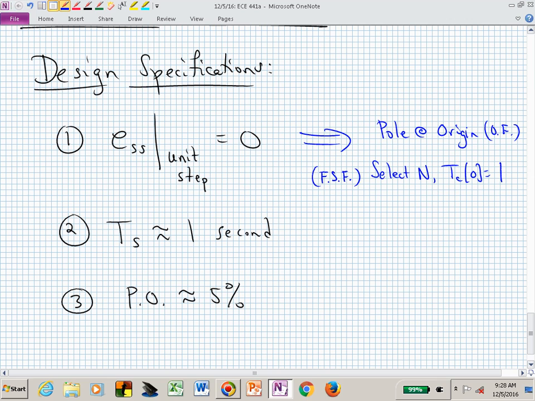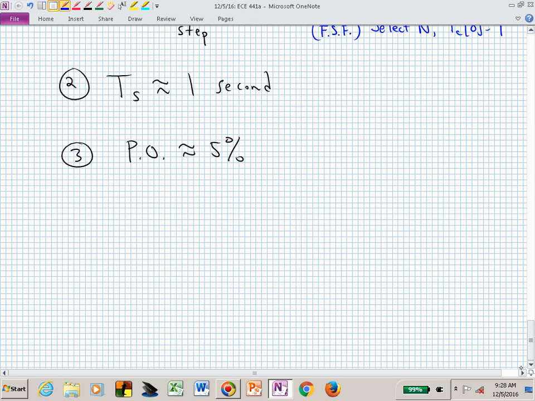Anyway, how do we translate a settling time and percent overshoot? What do we usually think about when somebody says a settling time of 1 second and a percent overshoot of 5%? Again, this can be a final exam review. How would you translate that, or what would be a final exam question? I feel like Jeopardy. I'm giving you the answer, a 1 second settling time and a percent overshoot of 5%.